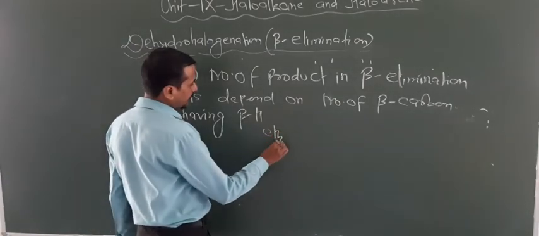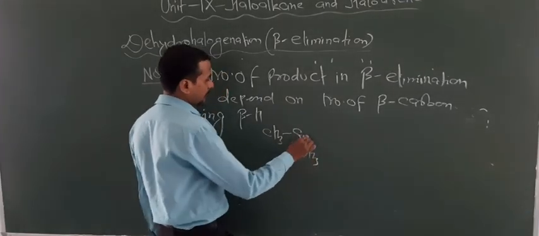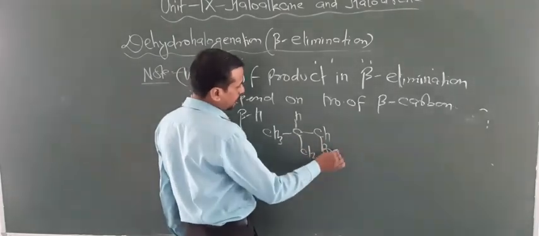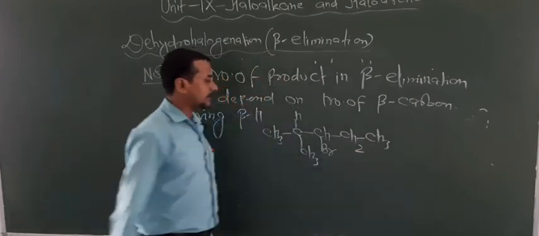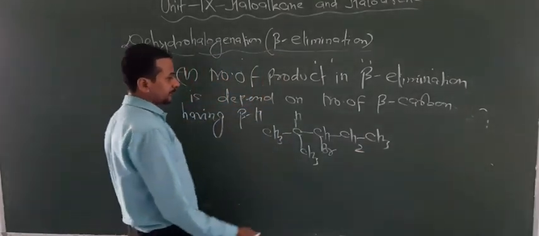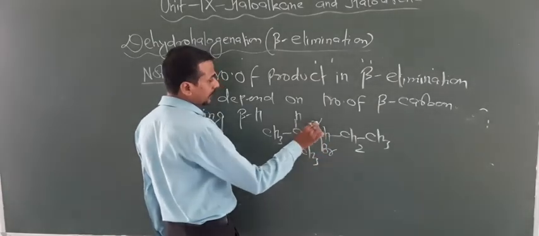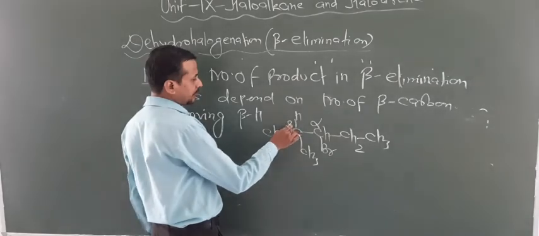So now look at the conditions. When one question is given like this, one H, here you can attach Br. Now look at here, the carbon attached to Br is known as alpha carbon, and the carbon attached to the alpha carbon is known as beta carbon.